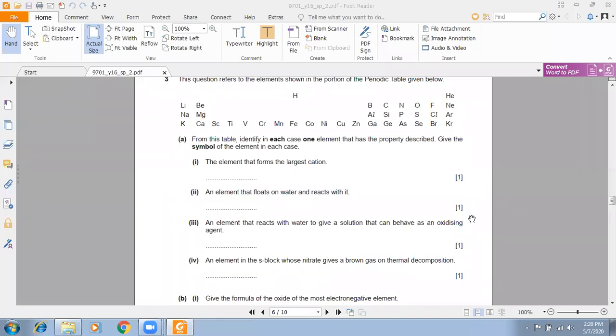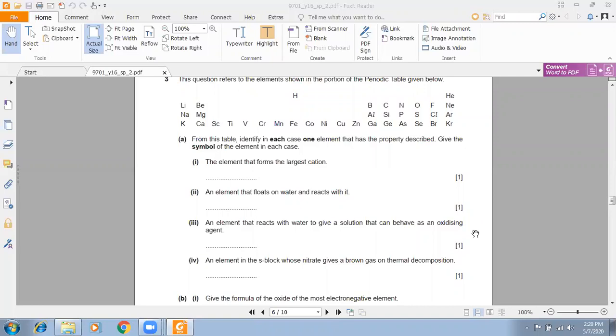So hypochlorous acid kills bacteria because it is an oxidizing agent and it provides active oxygen, which actually kills bacteria. So we have seen that chlorine or bromine can react with water to form an oxidizing agent. So here the answer will be chlorine or bromine.